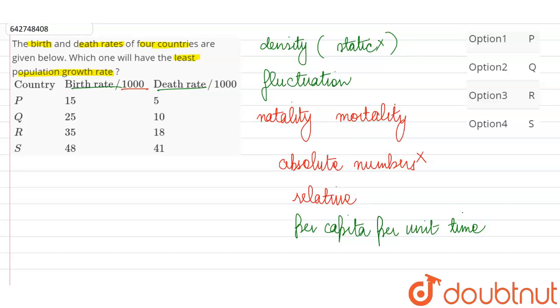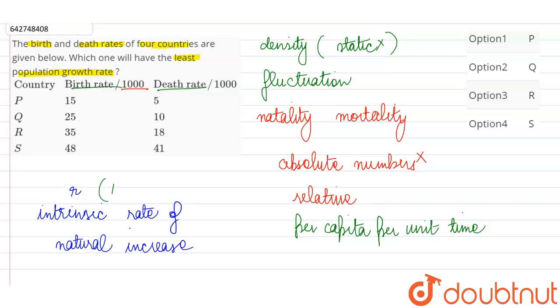How? Because the population growth takes place because of a factor known as R, and this is the intrinsic rate of natural increase. What do we mean by this? We calculate R by subtracting the death rate from the birth rate.